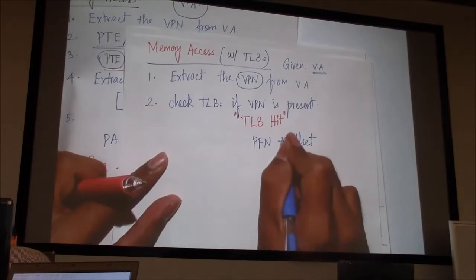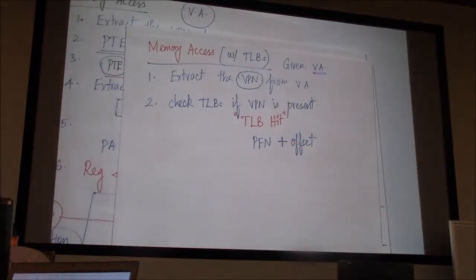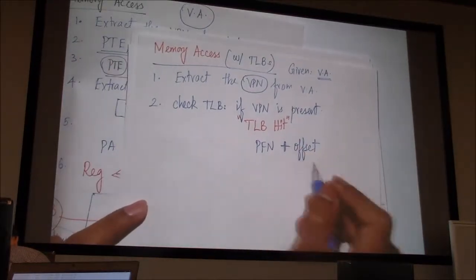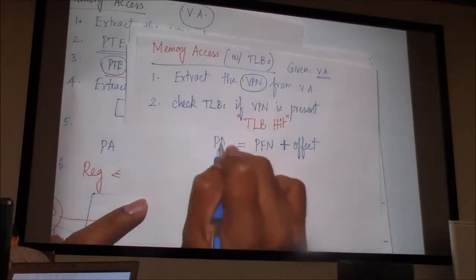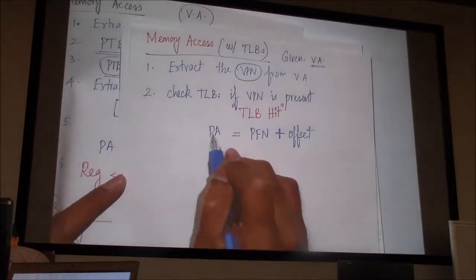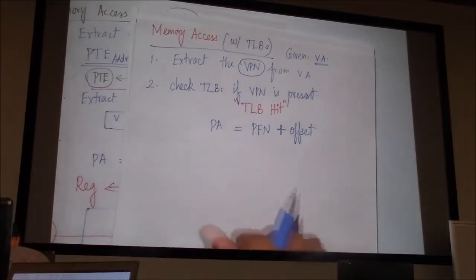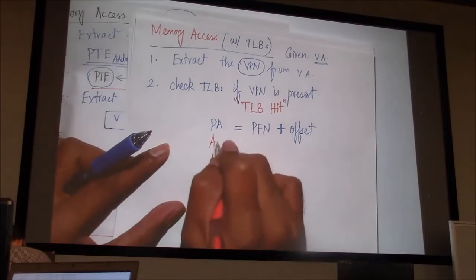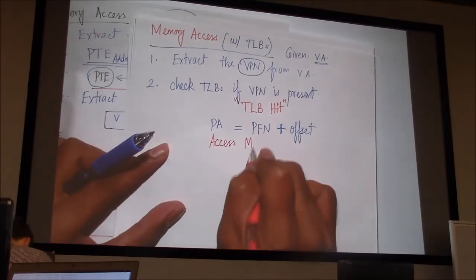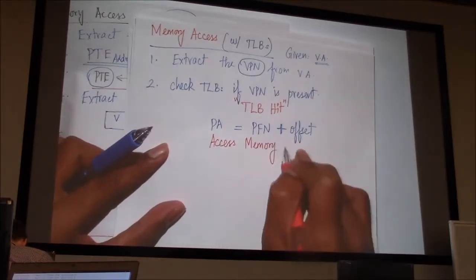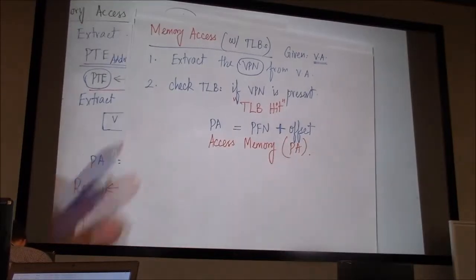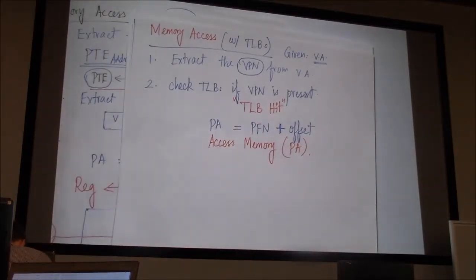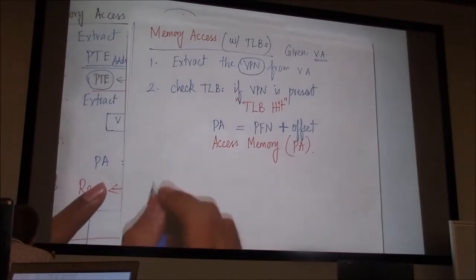By adding here, I actually mean just appending the offset at the end of this particular PFN, which gives us the physical address directly. Now you can just go and access the memory for this particular physical address, and you are done. So you just reduced the memory access from 2 to 1 if it is a TLB hit, which is great.